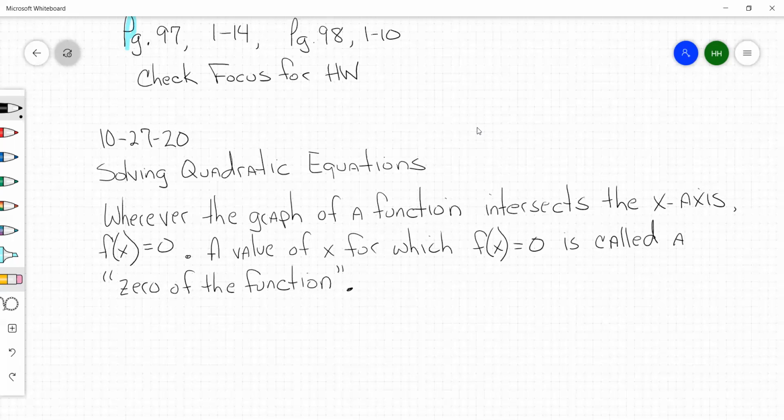All right, wherever the graph of a function intersects the x-axis, the function of x is equal to 0. A value of x for which f of x is equal to 0 is called a 0 of the function.